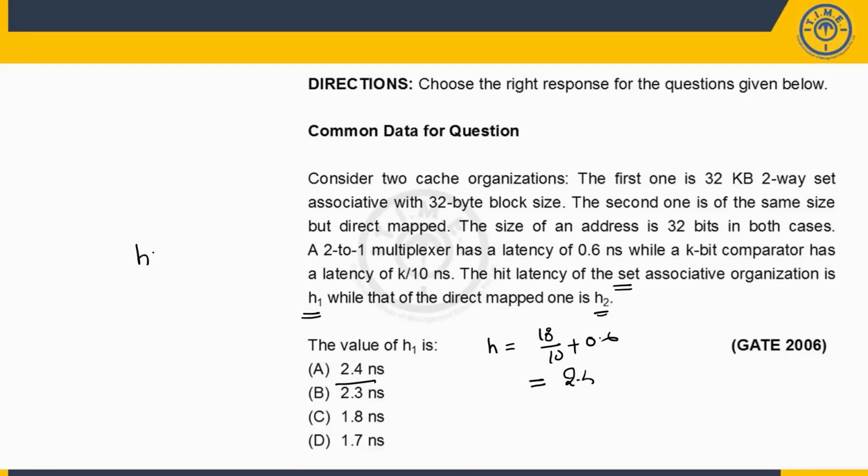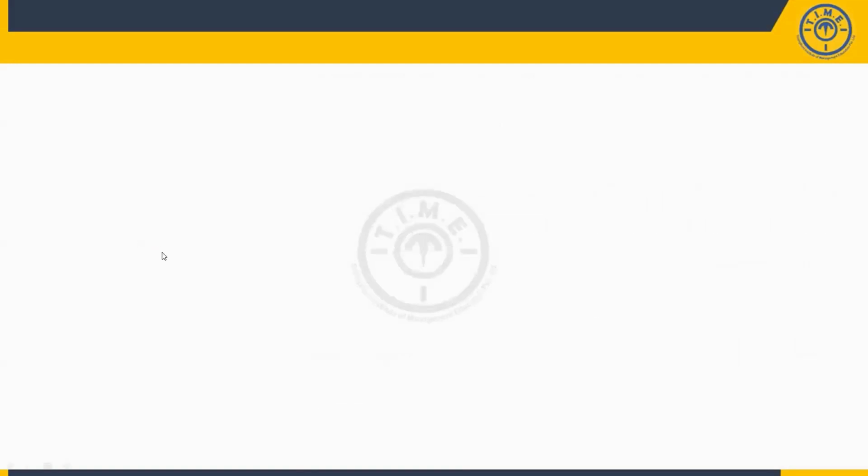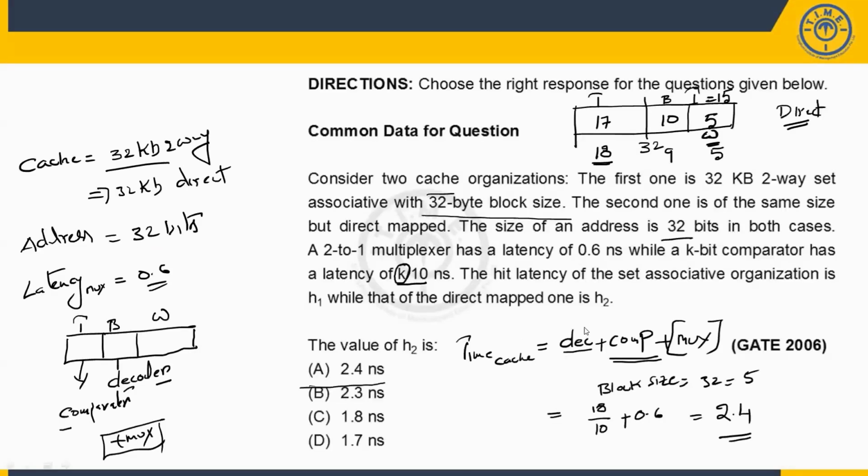When it comes to H2, the direct mapped cache: there is no decoder given, and there will be no multiplexer in a direct mapped cache. So it will just be the comparator latency. In the direct mapped cache, how many tag bits do we have? The total tag bits is 17.